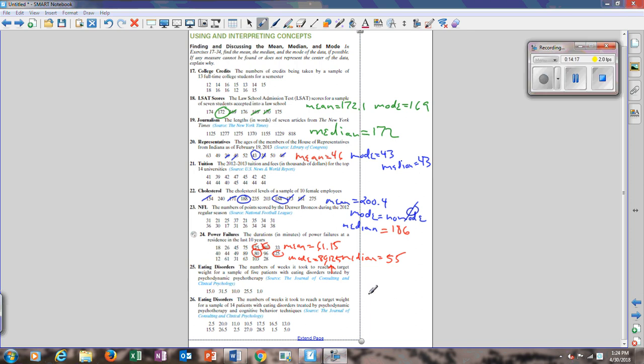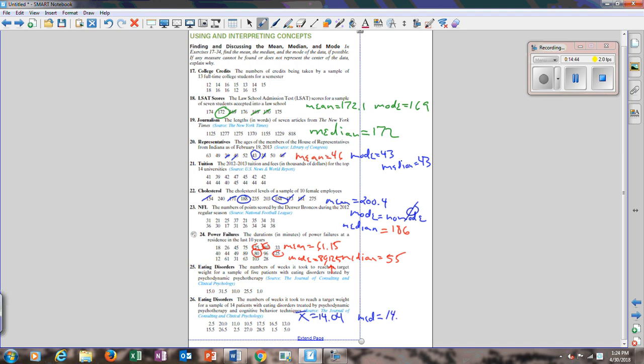Number 26, our mean, or X bar, is 14.04. Our median is 14.25.